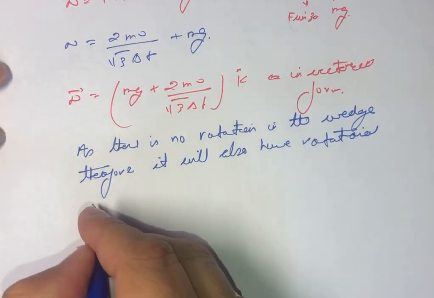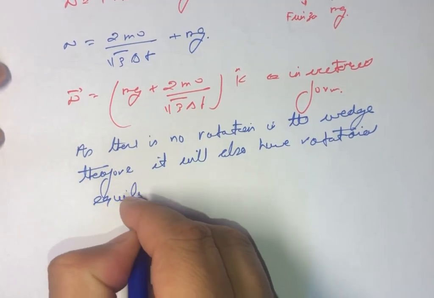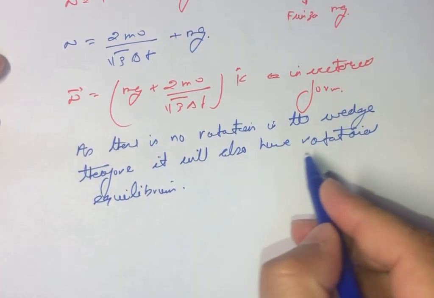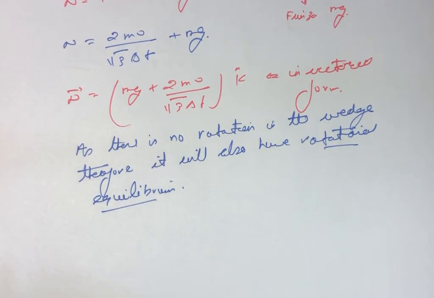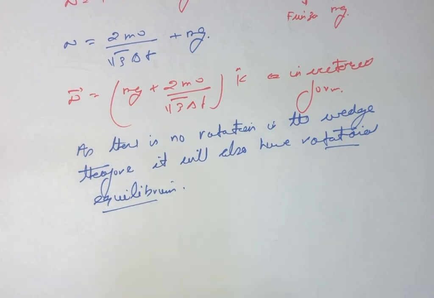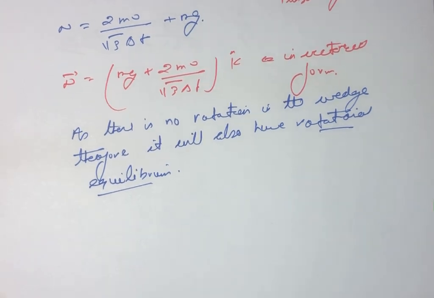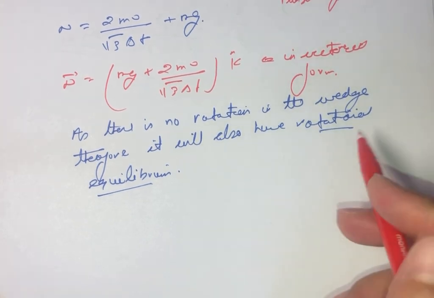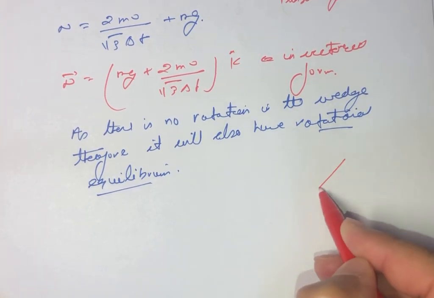Now this rotational equilibrium we are going to use in the B part, where it is given that the line of action of force and the center of mass have a distance h between them.